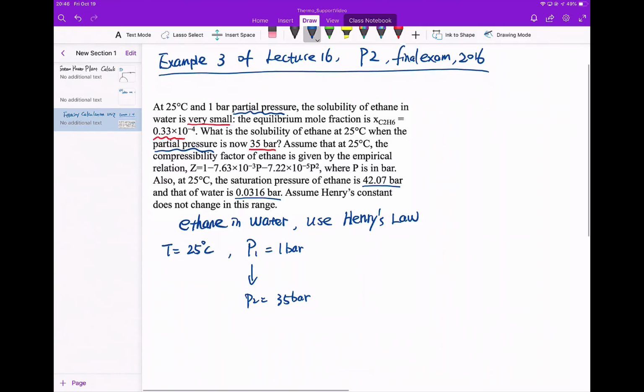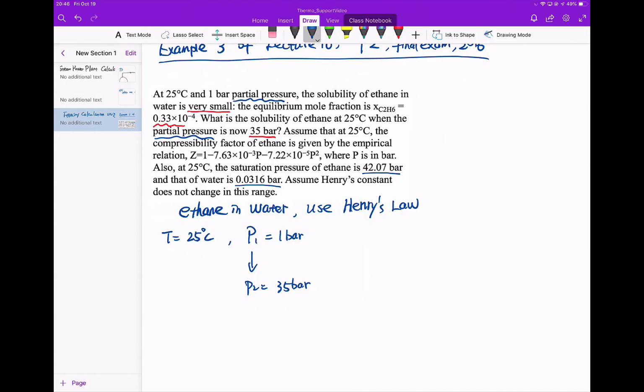And for the first condition, we understand the fugacity. Let's call water the component 1, and this is my component 2.